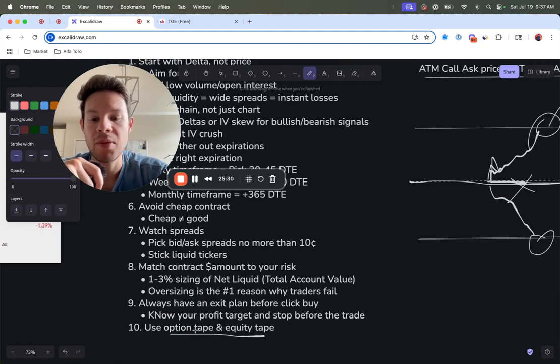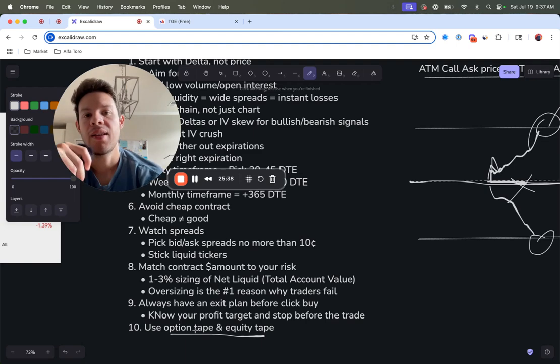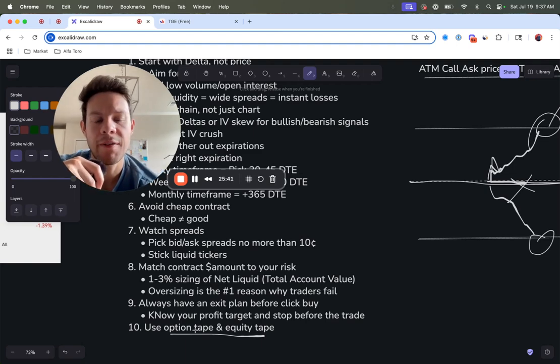Now, option tape, you can't see that on a brokerage, but you can see the equity tape, which is called time and sales on your brokerage account, if you're using Thinkorswim, Webull, or probably the pro desktop version for Fidelity, I think it's called Active Trader Pro. But for the option tape, you're definitely going to have to find another piece of software.